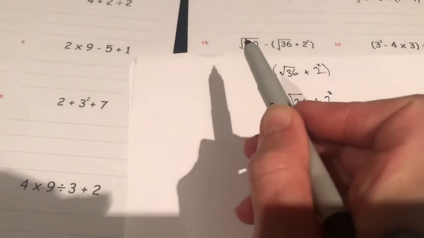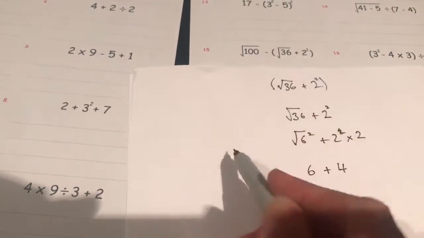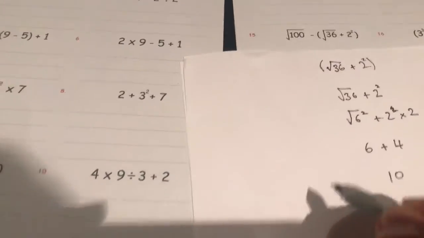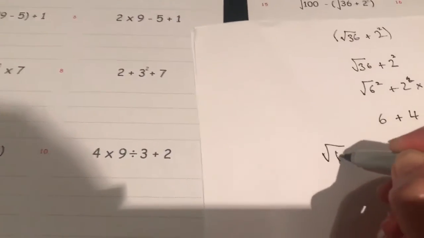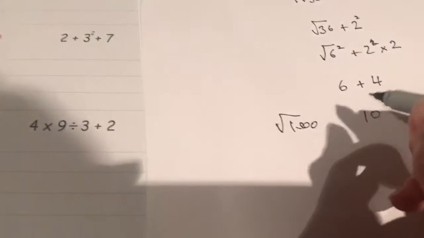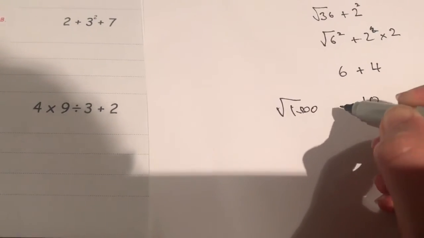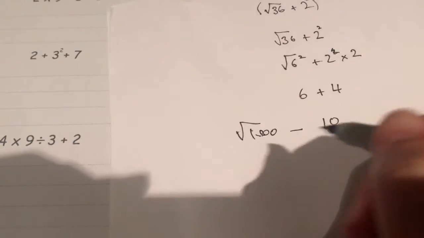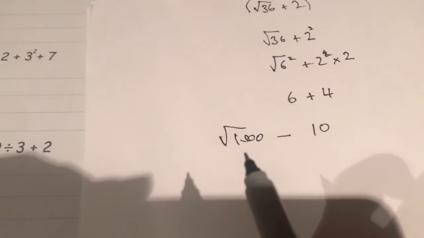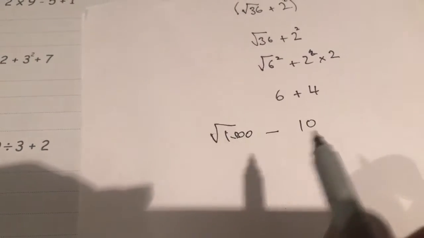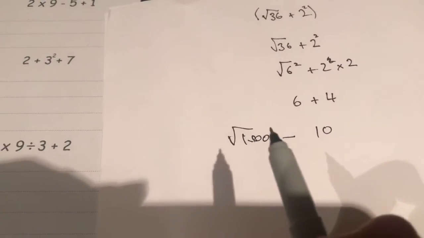So I'm going to bring the square root of 100 down, take away 10. BIMDAS again. Brackets, no. Indices, yes.